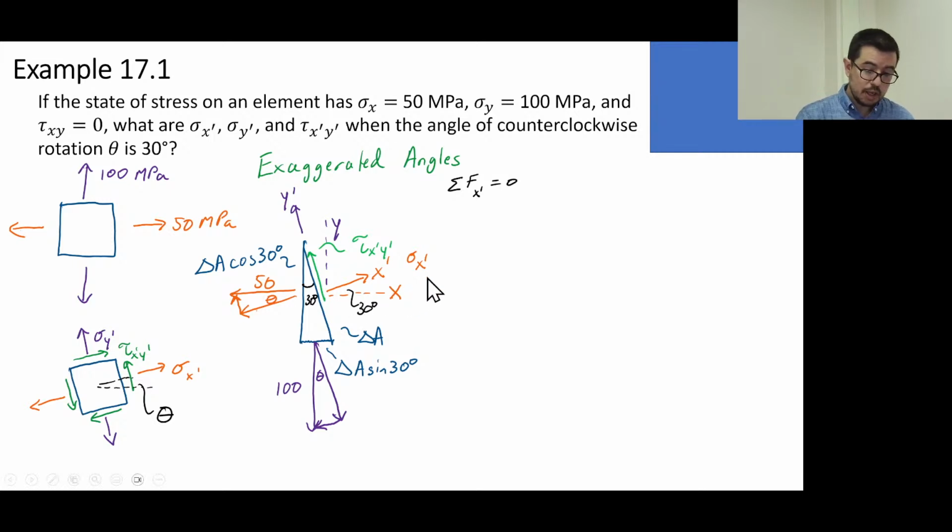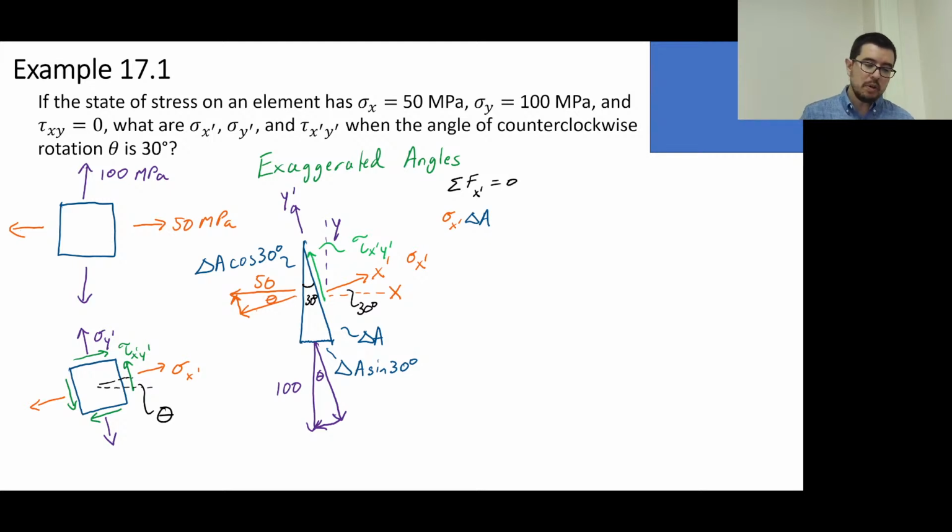It's just sigma x prime times delta A, assuming I have uniform stress acting along the entirety of each of these surfaces. So sigma x prime times this delta A gives me the contribution of force in the x prime direction. So that I write.